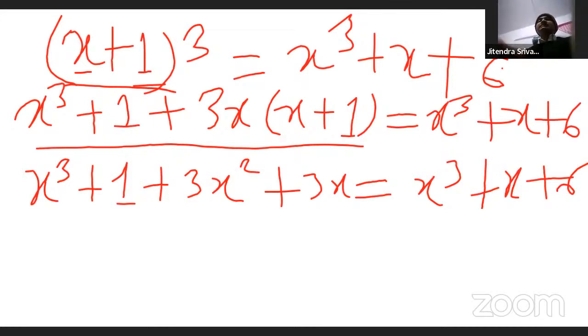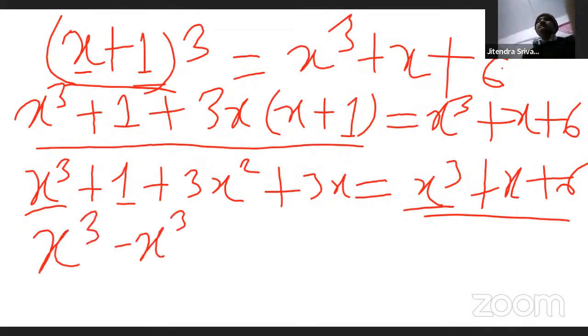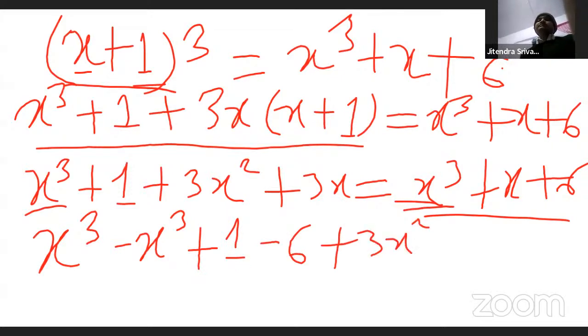Now what we can see here, this x cube and this x cube can be eliminated because both have same signs and both are on different sides of the equal. If both signs are same at the different sides of the equal, it can be reduced. How? See here, we will bring this equation to this side of equation. x cube minus x cube, because this is in the plus sign, here it will come and the sign will be changed, and plus 1 minus 6 plus 3x square and minus x plus 3x equals to 0.